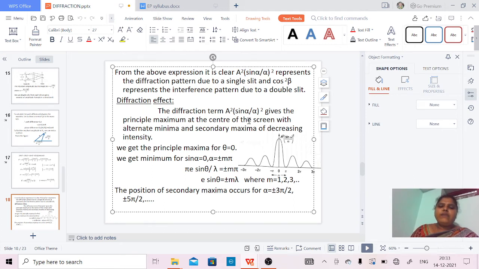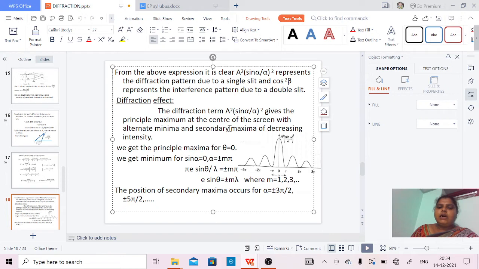Now what is the diffraction effect? The diffraction term A square into sin alpha by alpha whole square gives the principal maximum at the center of the screen with alternate minima and secondary maxima of decreasing intensity. We already discussed central maxima, primary maxima, secondary maxima and minima.